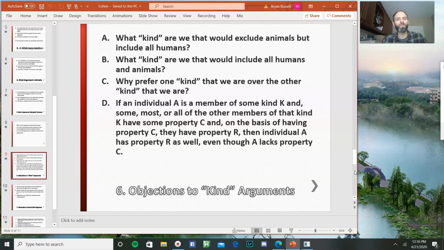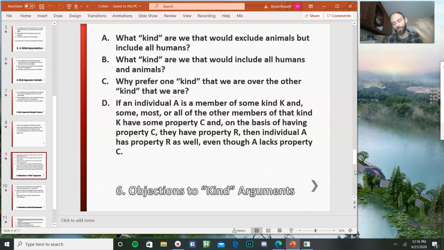So it seems that we could substitute some variables for Cohen's argument, and his argument would lead to the conclusion that in fact animals do have rights, because they're of some kind where some of the members of that kind have the capacity for free moral thought, specifically vertebrates, right?